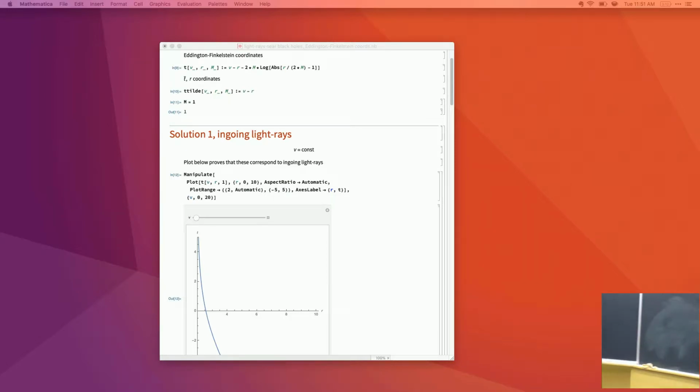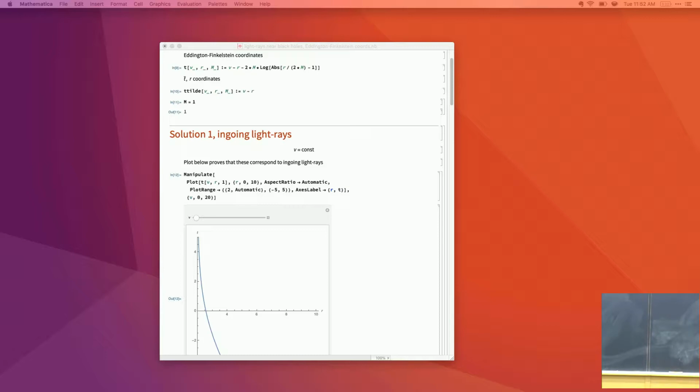If you use these coordinates, you can write the line element, which I will not remember, but you replace the Schwarzschild time by some Eddington-Finkelstein time, which I will call V, and this is basically the only change; r, theta and phi remain the same. Here I want to show you what happens with radial light rays.